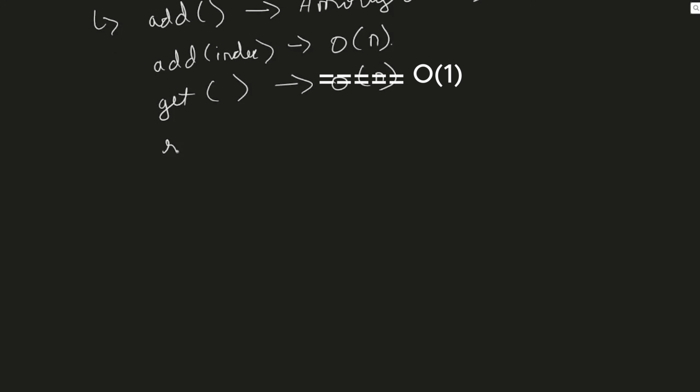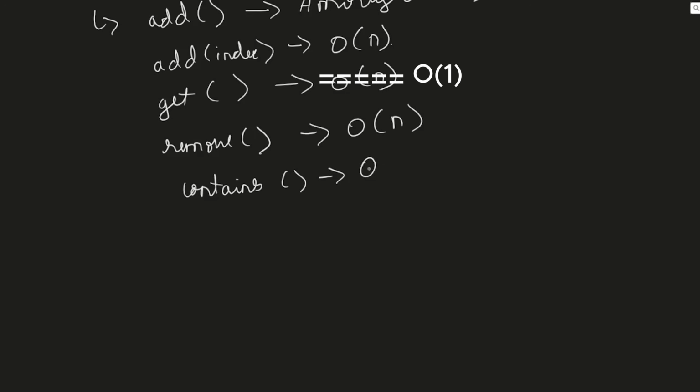We also discussed remove, again the same big O of n, contains as well, linear search, big O of n, even clear, big O of n. That's it.